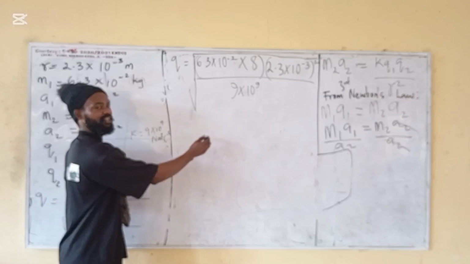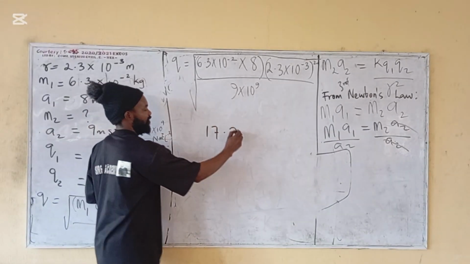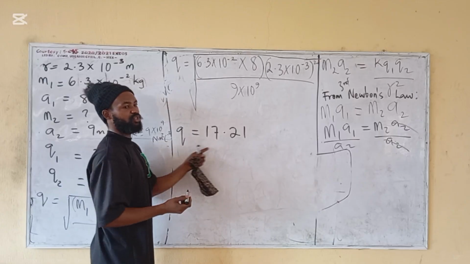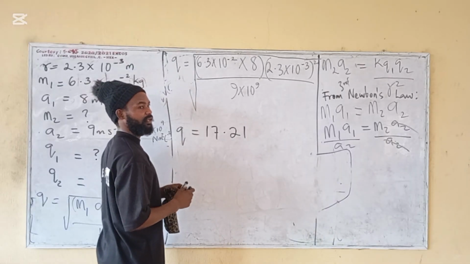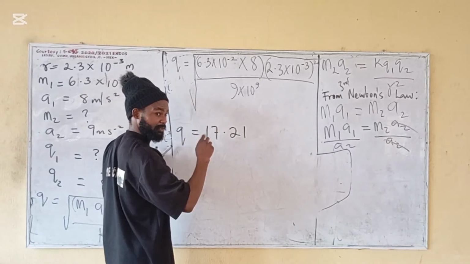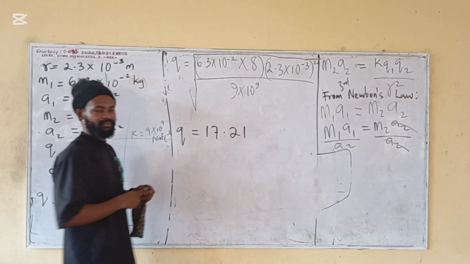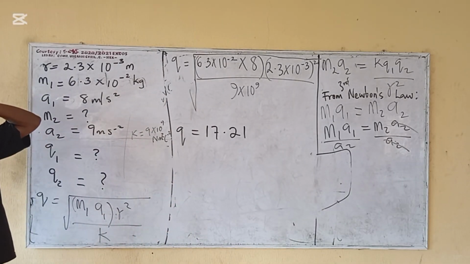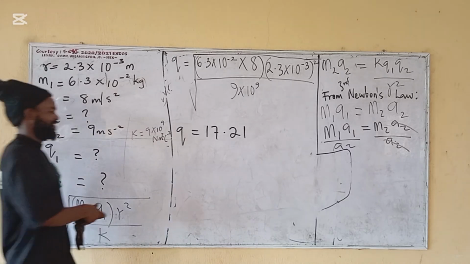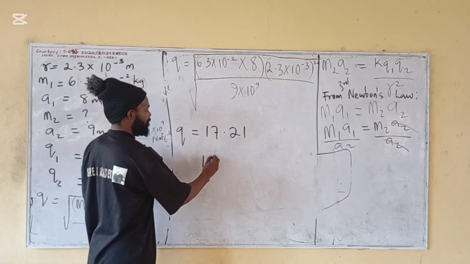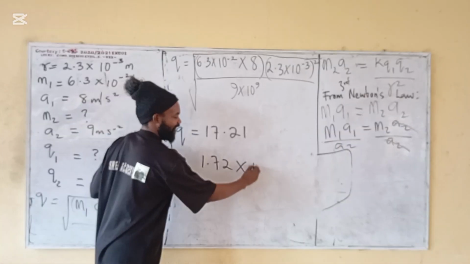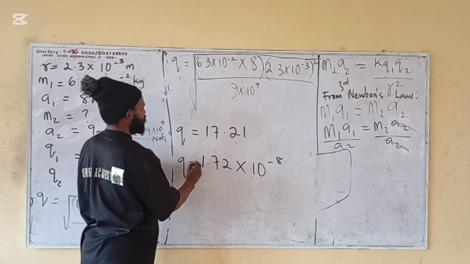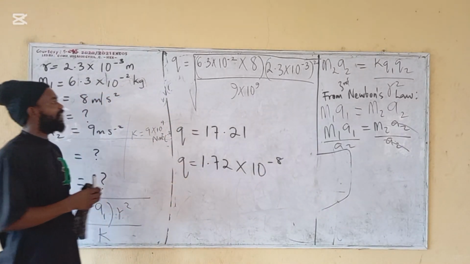You got 17.21, times 10. You people should check it now. That's my final answer. On the ES plus I punched and got 1.72 times 10 raised to the power minus 8. Okay, Q is equal to 1.72 times 10 raised to the power minus 8.